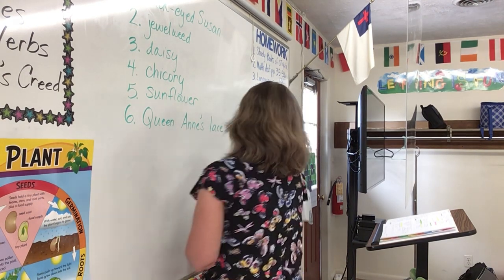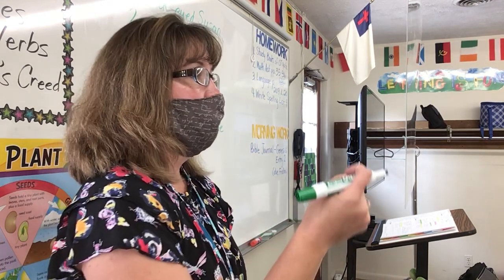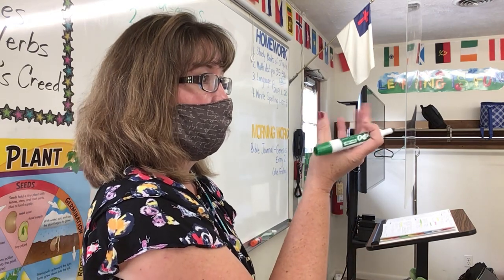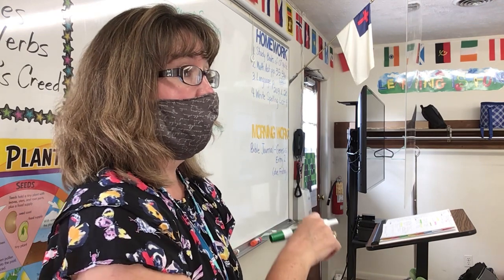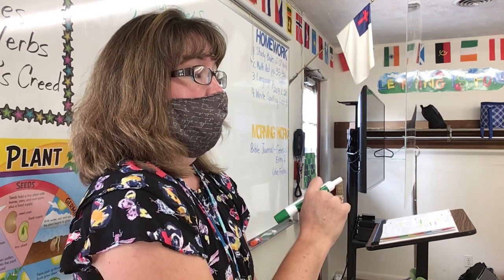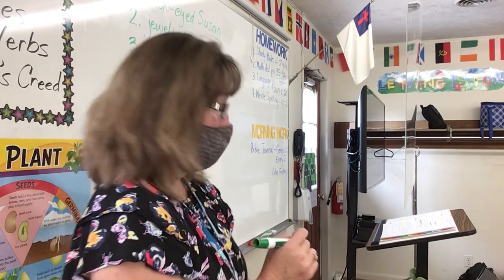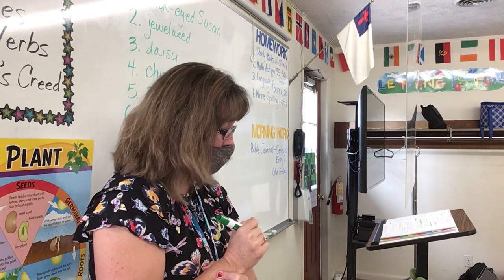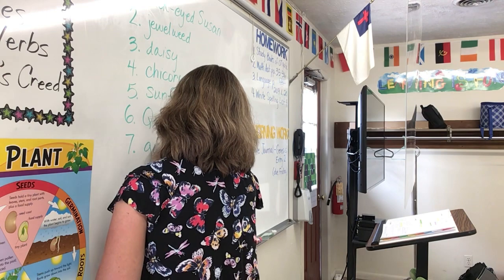Which I believe, if you put it in a vase of colored water, it'll turn the Queen Anne's lace different colors. You can do that with carnations too. Number 7. Yes, goldenrod. You can see a lot of that growing right now.